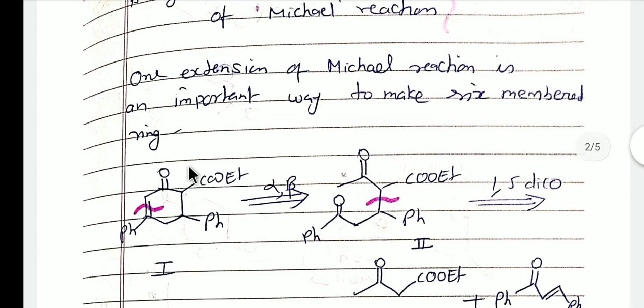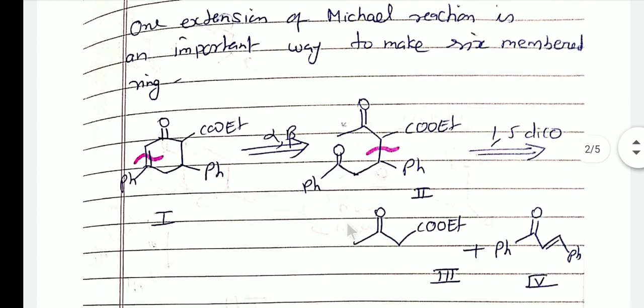This is the example in which we carried out the disconnection of the molecule. After disconnection of this molecule, we get a 1,5-dicarbonyl compound here.